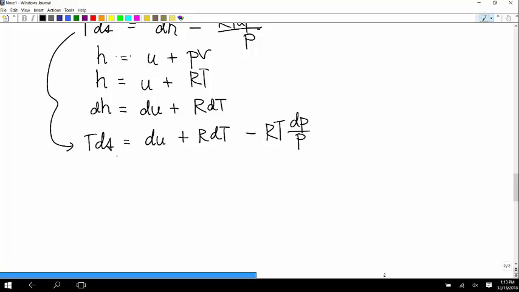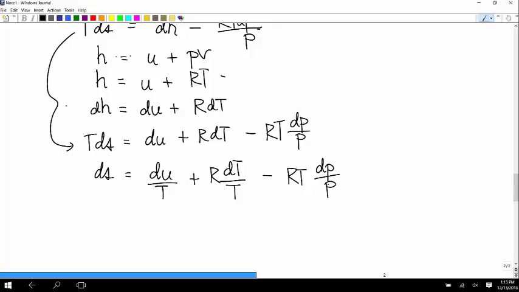Okay, and then divide by T, you get DS is equal to DU over T plus R dT over T minus R dP over P. DU, if we're assuming a constant specific heat, is Cv dT.